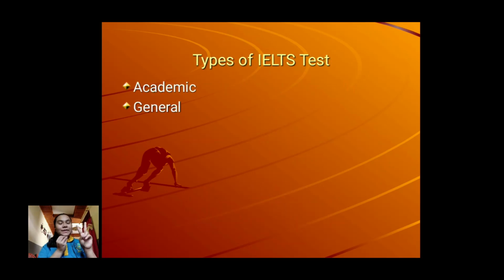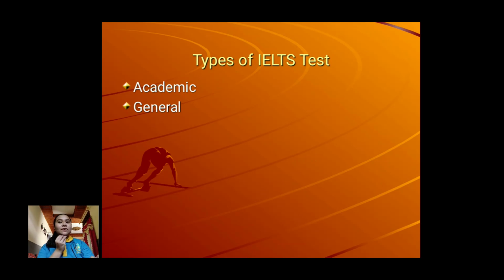There are two types of people who take the IELTS test. This type depends on the purpose of the person taking the IELTS test. The first type is academic. This type is usually reserved for students who want to continue their education abroad.